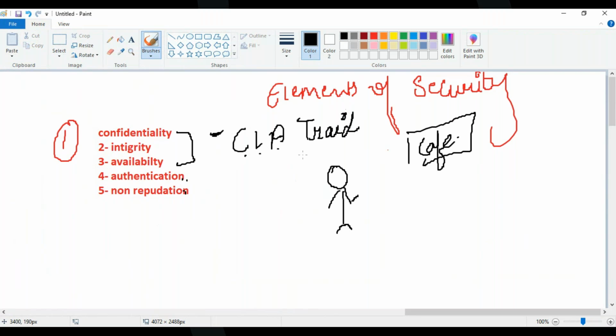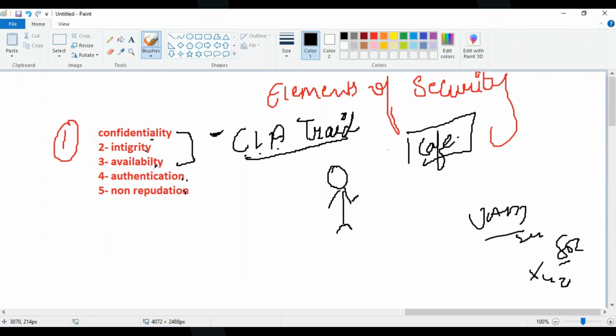In interviews, this is the very first question an interviewer can ask you, whether you are going for a VAPT role or a security analyst role, or for SOC as well. There could definitely be a question, what is CIA? It is confidentiality, integrity, and availability. Let's talk about these three first, then we'll move to the other ones.